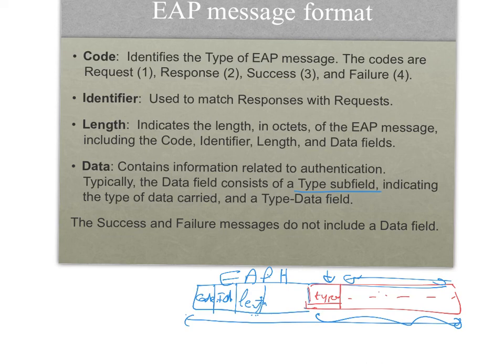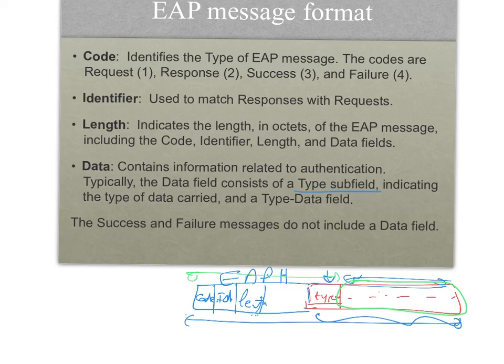Which part is dependent on the method? Only this part. This part is dependent on which authentication method you use, whether it's TLS or pre-shared key or whatever. The rest is agnostic.